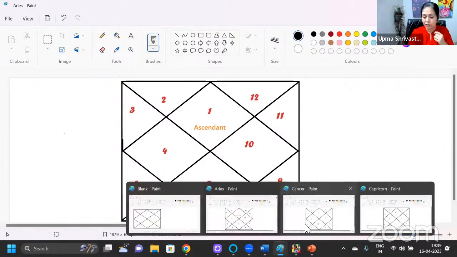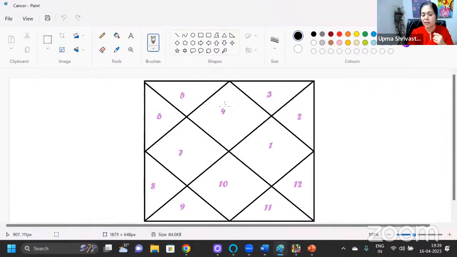In the same way, if number 4 is written in the first house, it means Cancer sign. So the qualities which I shared with you for Cancer sign, you will say a person's nature will be according to that. Then 4, then 5, 6, 7, 8, this way it will keep moving on.